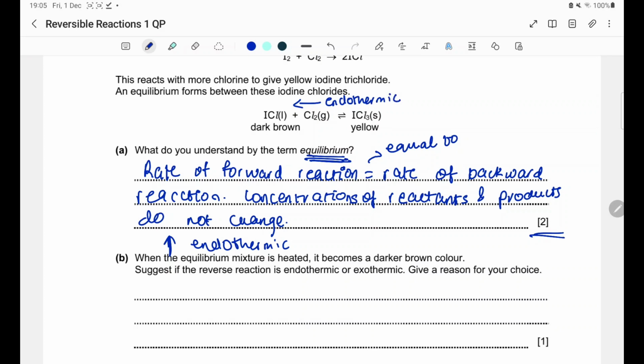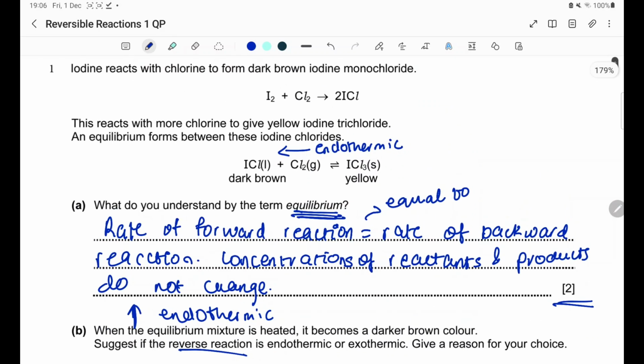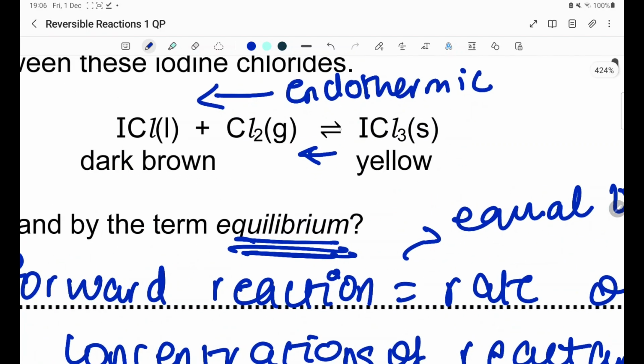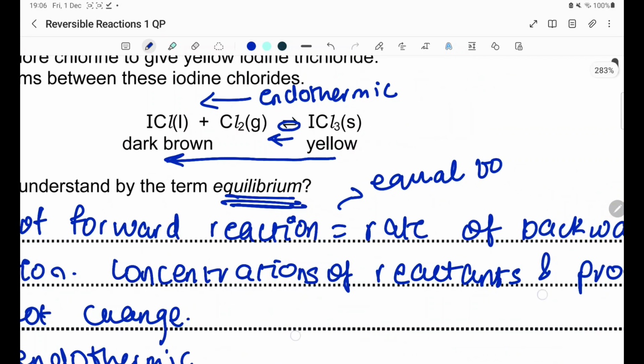Now, when they suggested the reverse reaction is endothermic or exothermic, I thought they meant the reaction that is opposite to whichever reaction is being favored right now. However, what they mean when they say reverse, they mean the reaction that has the arrow shifting leftwards, which is this right here. So they're asking us to suggest if this reaction, the one going from the yellow to the dark brown, is endothermic or exothermic.